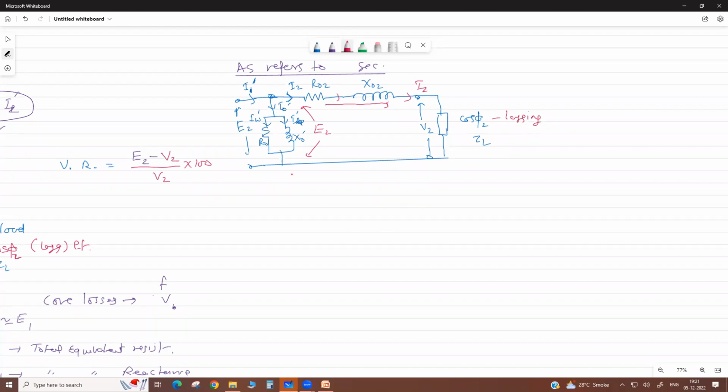So what is R02? R02 equals R2 plus R1 dash, where R1 dash equals K square R1. Please remember, X02 equals X2 plus X1 dash, where X1 dash equals K square X1, and K is the turn ratio.